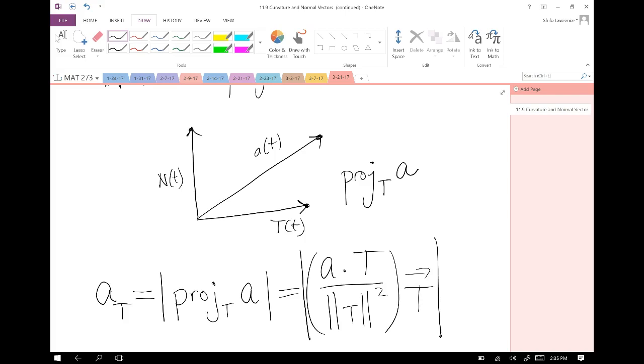Those magnitude bars are only going to apply to the vector at the end, and they're going to end up canceling one of the magnitude T's in the bottom. And this gives us our distance formula, which is also our scalar projection formula. It's really just A dot T over magnitude of T, which is also the distance formula.